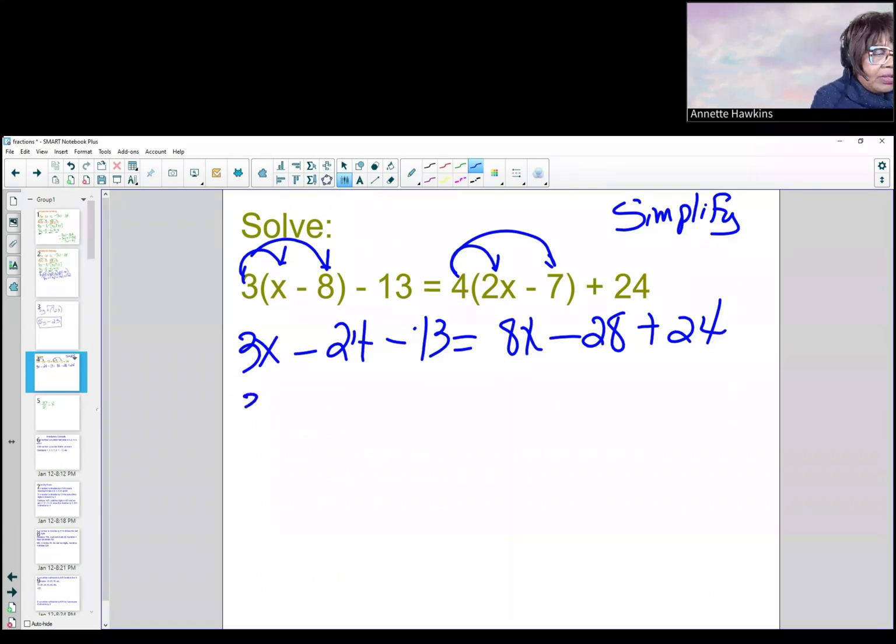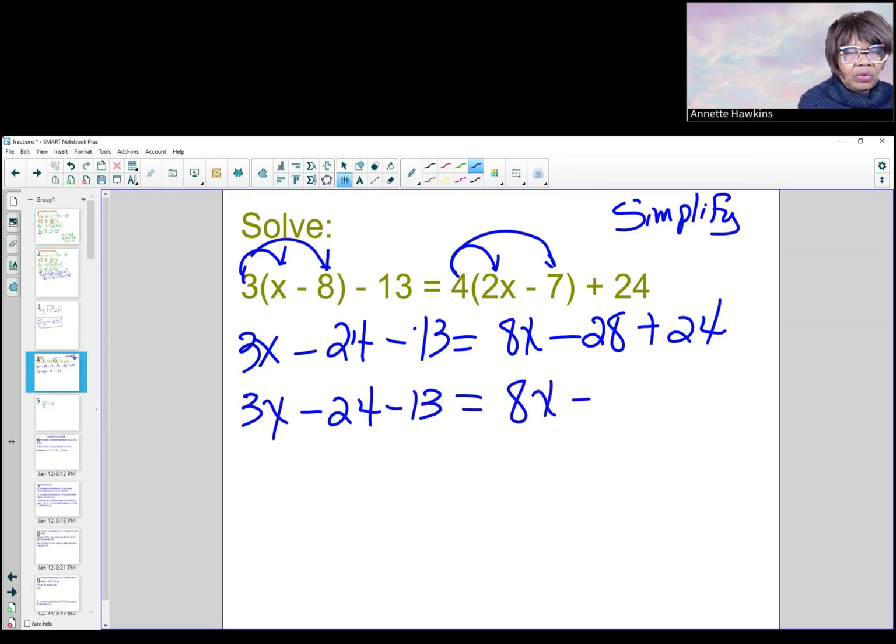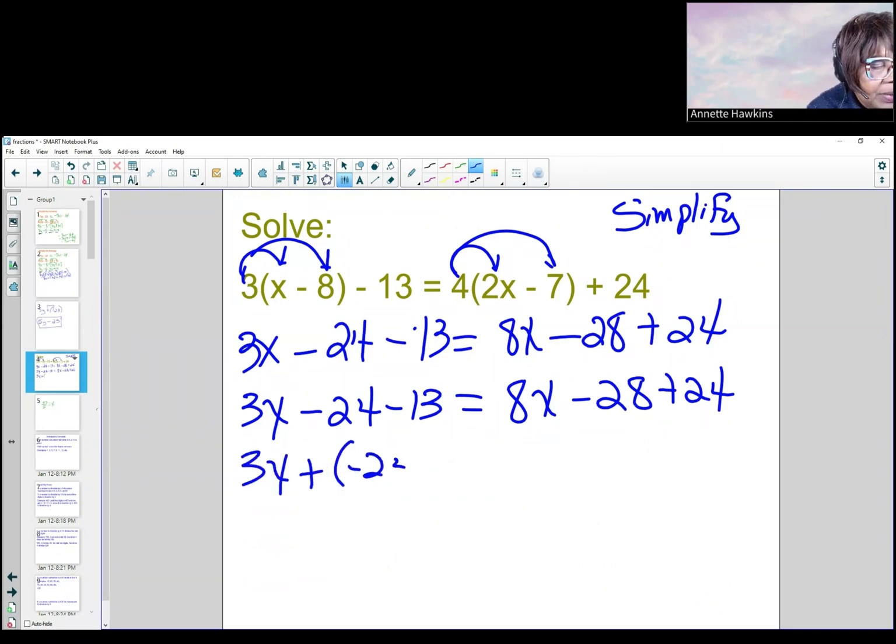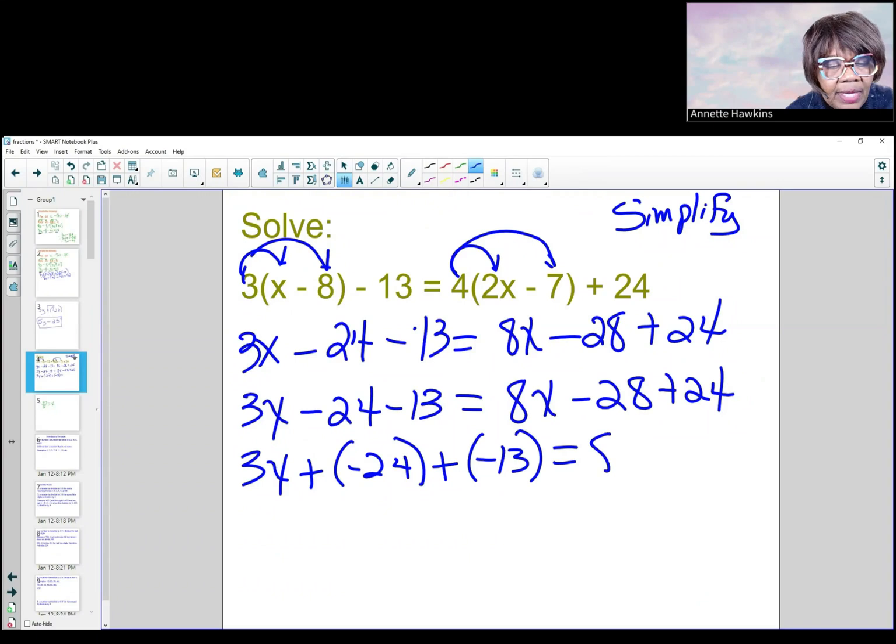So let me rewrite this. 3x minus 24 minus 13 equals 8x minus 28 plus 24. Okay, I think that I've written everything correctly. So this is 3x plus negative 24 plus negative 13 equals 8x plus negative 28 plus 24.